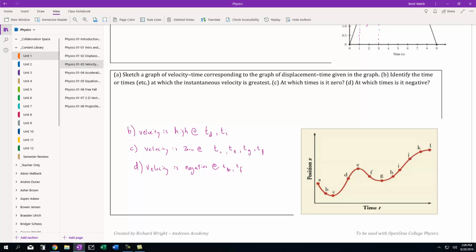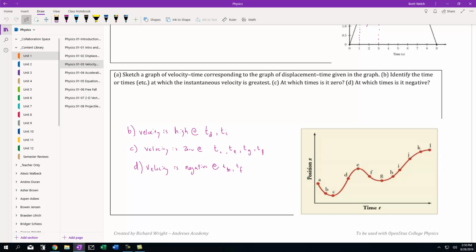If anybody draws a different tangent line, they're going to get a slightly different answer. Now this is a position versus time graph, and what I really want to focus on is part B through D. What we have to understand about position versus time graphs is that the slope of the graph is the velocity.